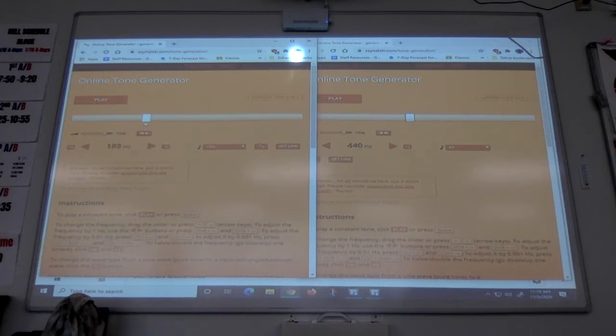All right, so let's set it at 220. And we want to find out what the third of 220 is. Well, we take 220, and we multiply it by 1.25. We get 275. So this is a third.